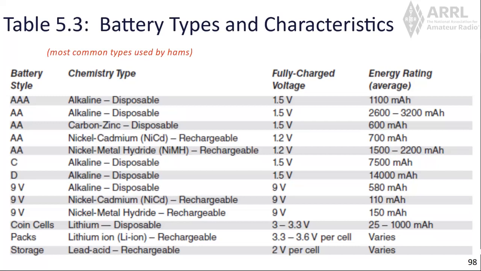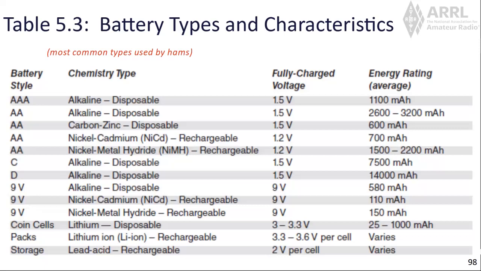They have different energy ratings over there. That D battery's got 14,000 milliamp hours, whereas that AA has got 1,100 milliamp hours. They'll both run your radio, just not for as long. Okay, a 9-volt NiCad battery, which is rechargeable.